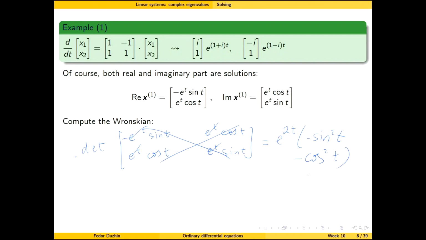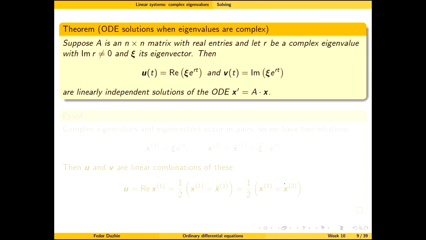And this is minus e to the 2t, which is non-zero. Since it is non-zero, it is strictly negative in this case. It means that the real and the imaginary part of the complex valued solutions are linearly independent as real solutions. Therefore they form a basis of the solution space.